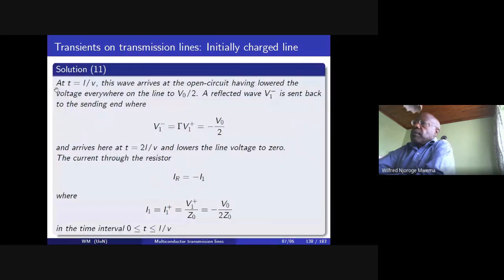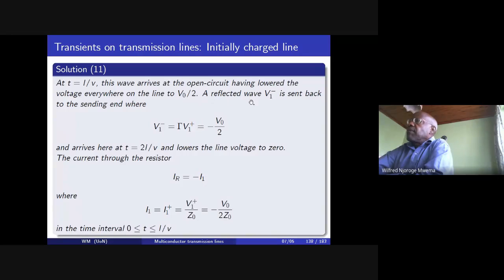At t equal to L over V, that is the time of flight, this wave will arrive at the open circuit, having lowered the voltage everywhere on that line to a value V0 by 2. Because it had a value of V0, the V1 plus, since it's negative, goes discharging the line down to V0 by 2.